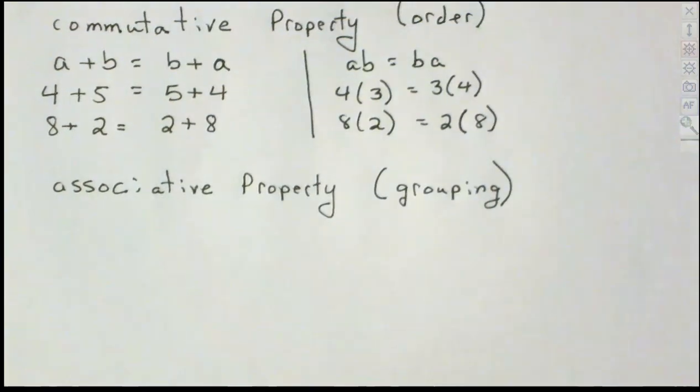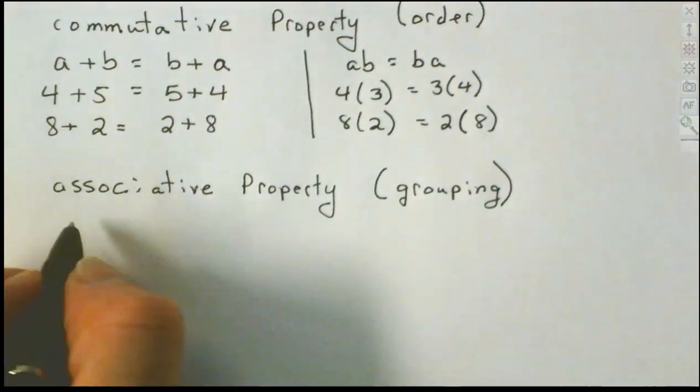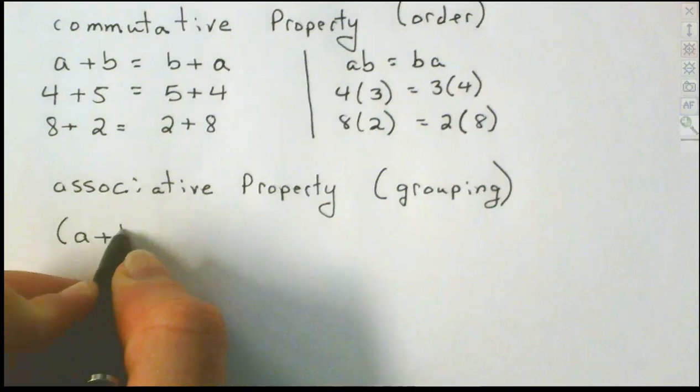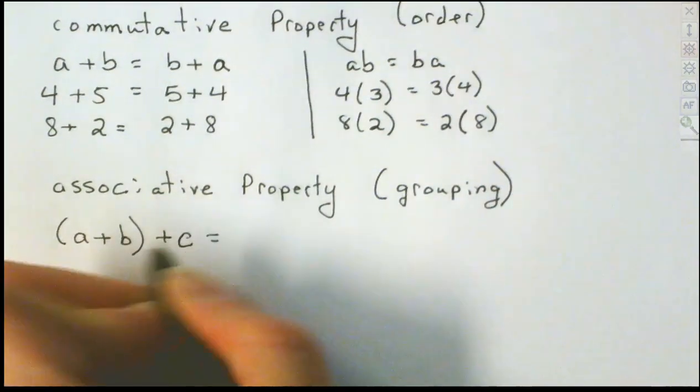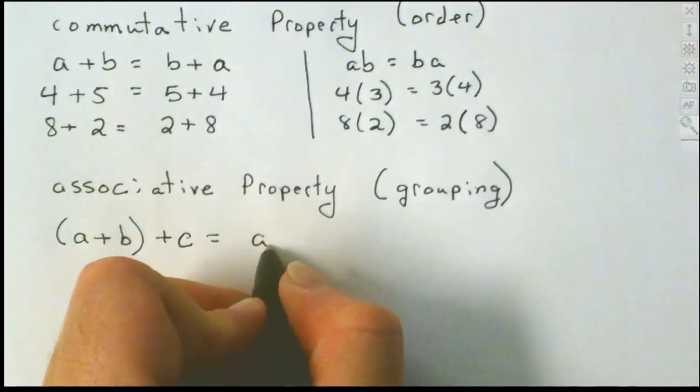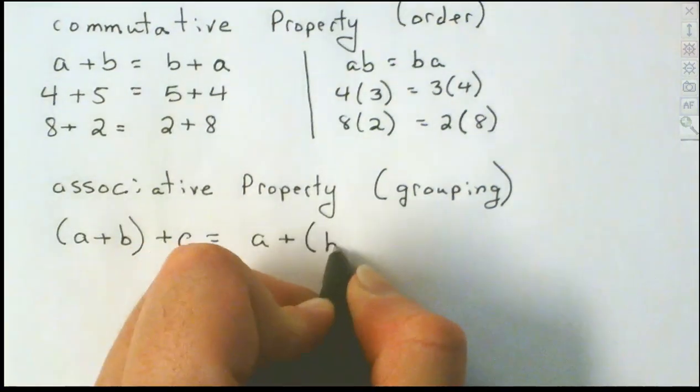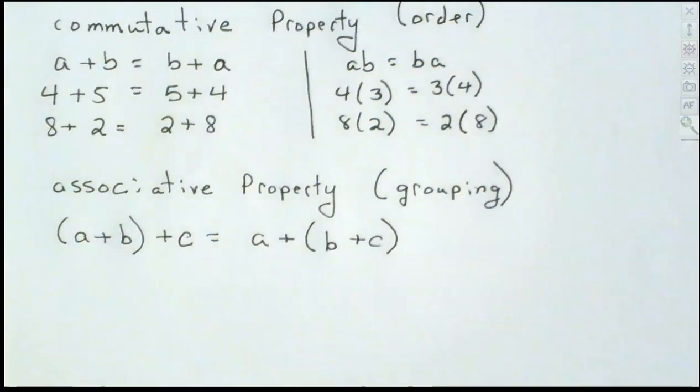So we're going to look at examples of the associative property. Your definition is (A plus B) plus C is the same thing as A plus (B plus C). I'm not changing the order. All I am changing is the groupings, the parentheses.